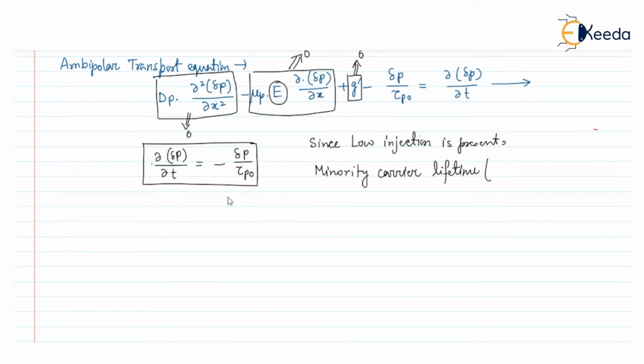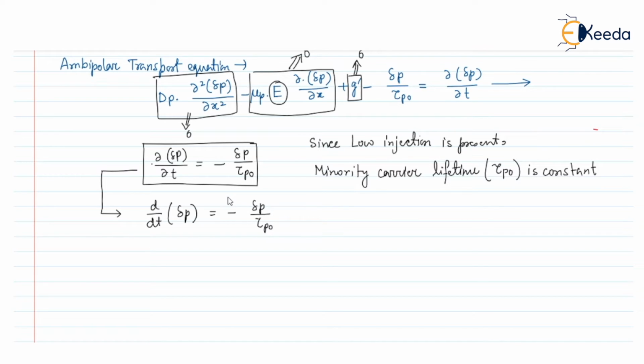We have considered an n-type semiconductor, so the minority carrier lifetime will be the carrier lifetime of the holes, that is tau p0 is constant. So from this equation we can write that d by dt of delta p will be equal to minus delta p divided by tau p0.